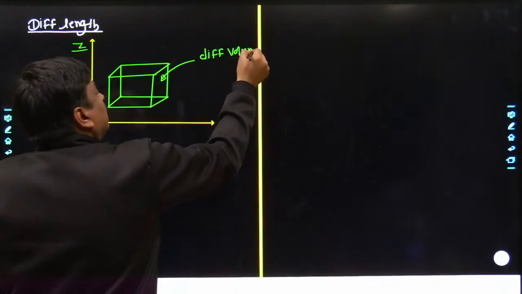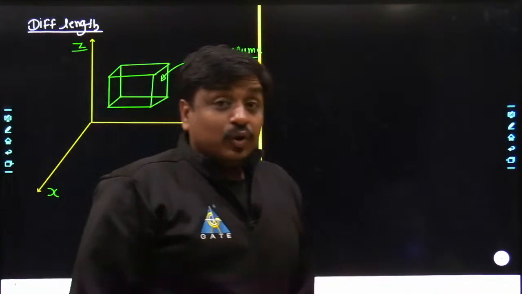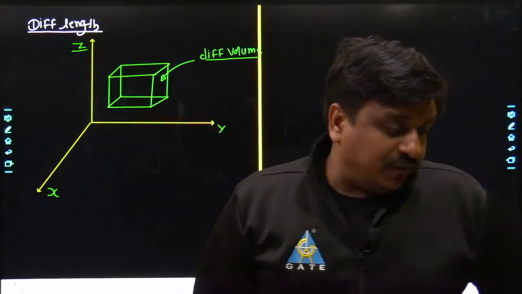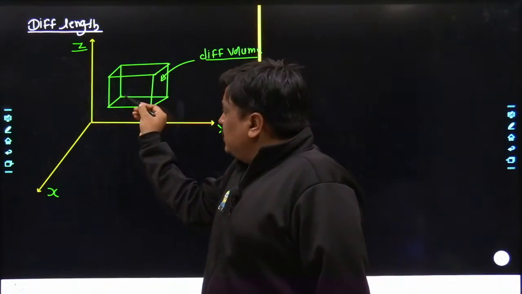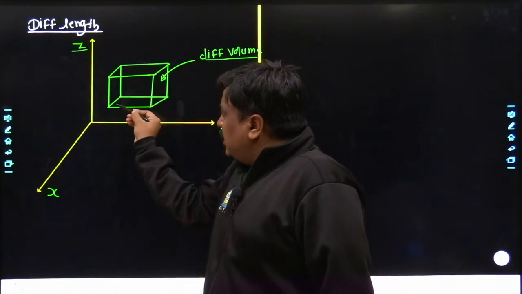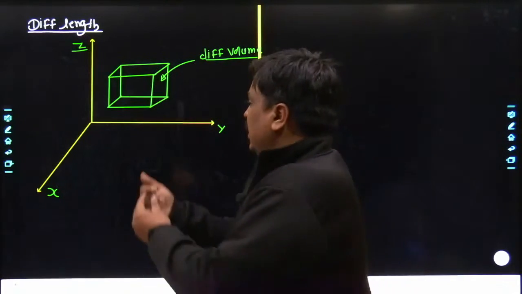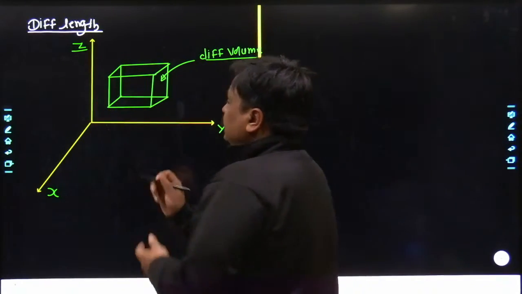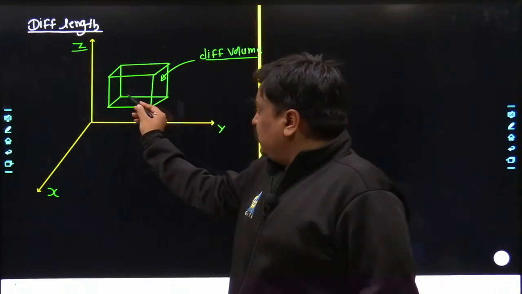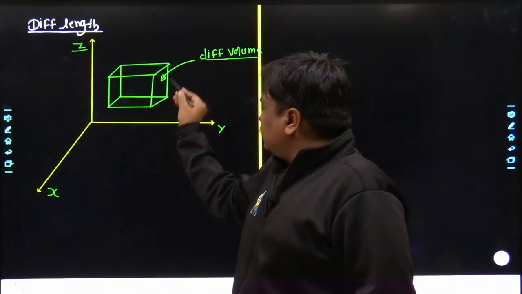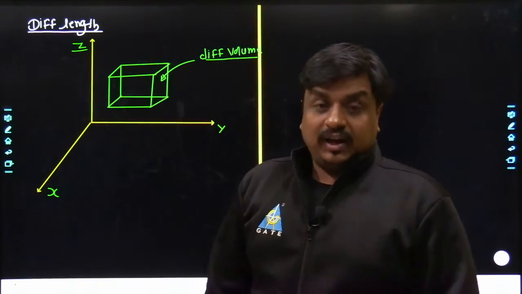Now the differential volume has come into the picture because of a few differential lengths. May I know what are they? You can see very well how many differential lengths we have in the direction of x: first we have this, second this, third this, fourth this.